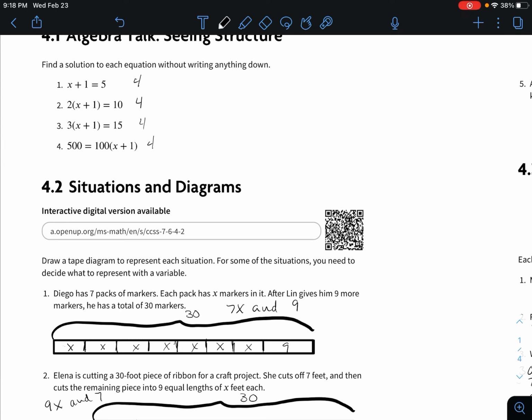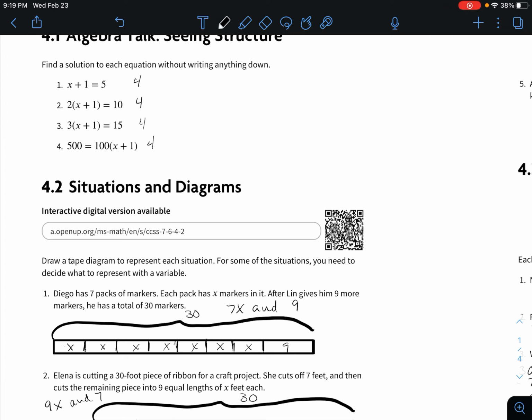Okay, next one says Elena is cutting a 30-foot piece of ribbon for a craft project. She cuts off 7 feet, and then cuts the remaining piece into 9 equal lengths of X feet each.